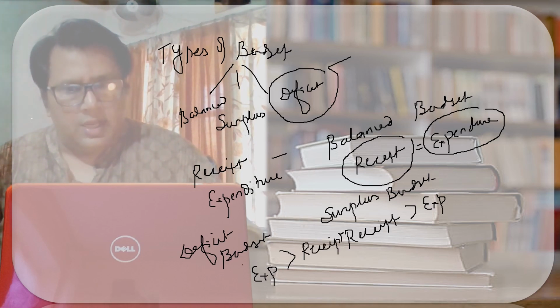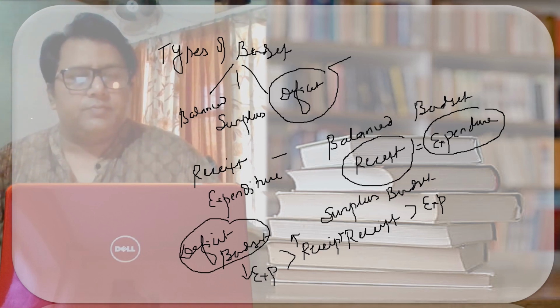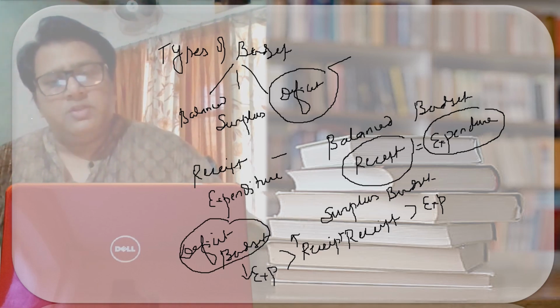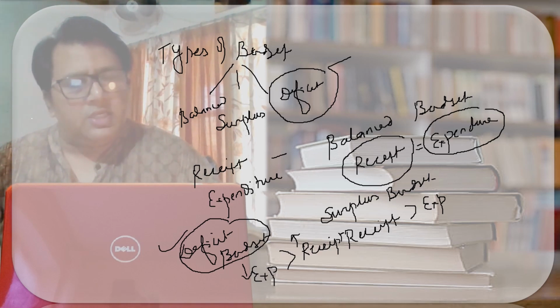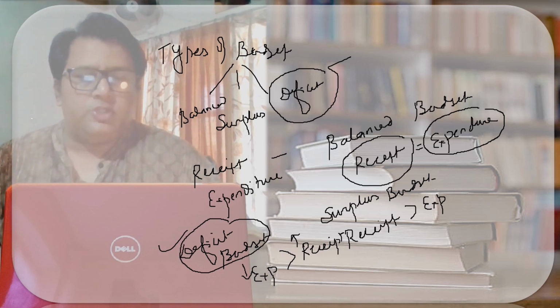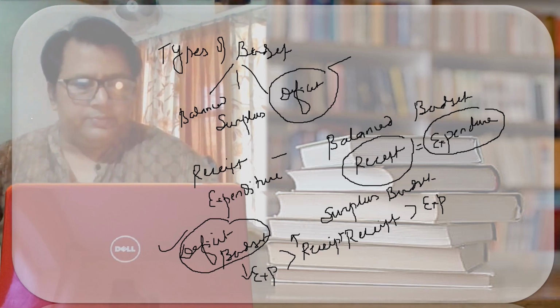Where the earning is less and the expenditure is more, that type of the budget is called deficit budget. In our country, we always have the deficit budget. We are facing the problem of the deficit budget. Why? Because we are having limited resources. Or it will not be wrong if I say that we are having scarce resources, because of which we always face the problem of the deficit budget. Clear?